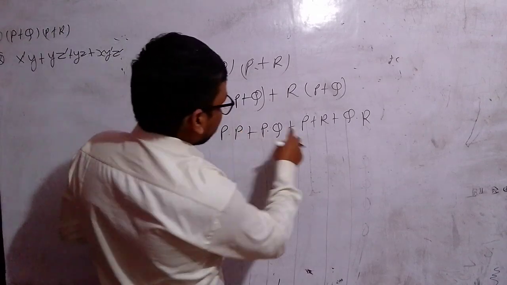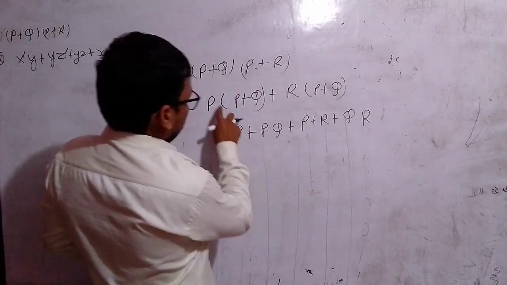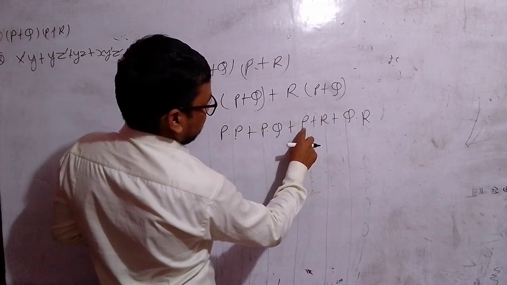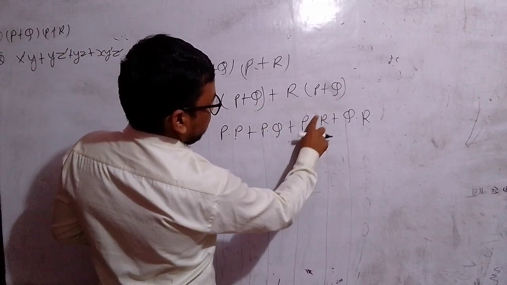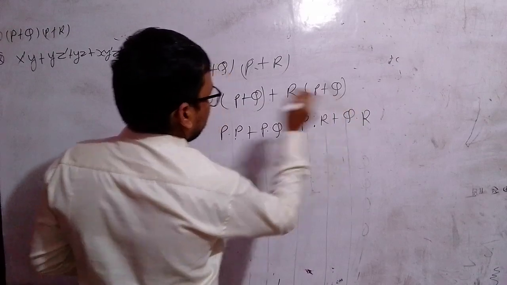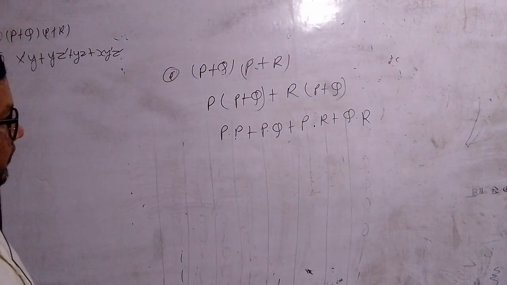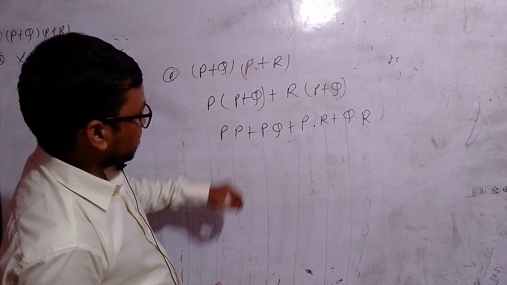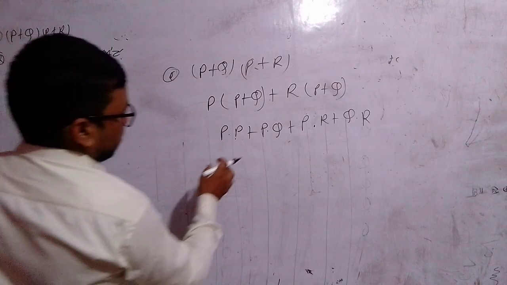Now look at P dot P plus P dot Q plus P dot R plus Q dot R. Let's observe which terms are similar.